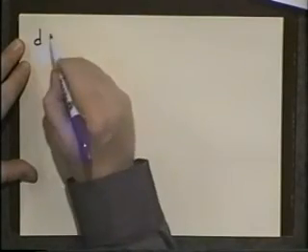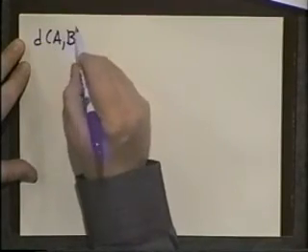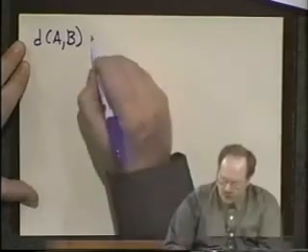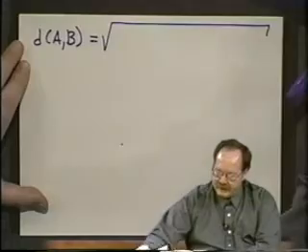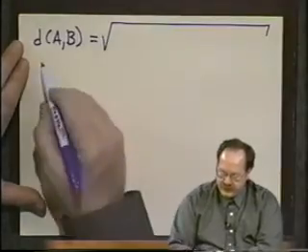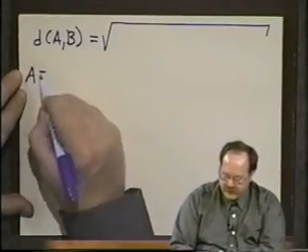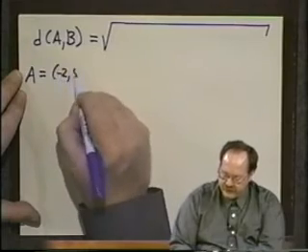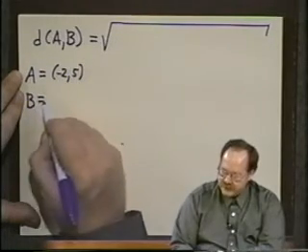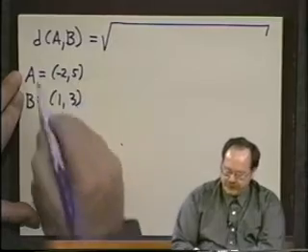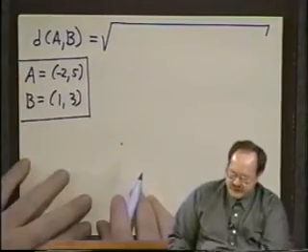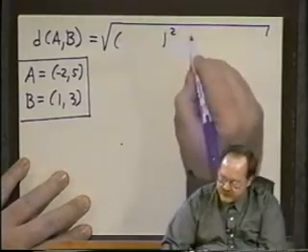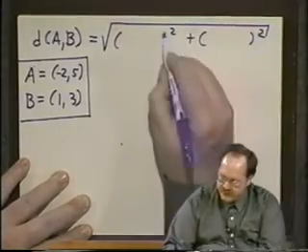So let me first compute the distance from A to B. Well, that's a large square root, and let me remind you what the points are here. A is the point minus 2, 5, and B is the point 1, 3. So the distance between A and B, of course, it's something squared plus something squared.